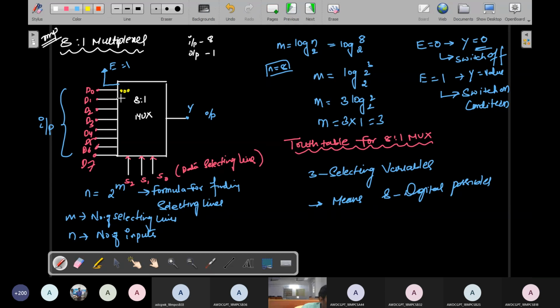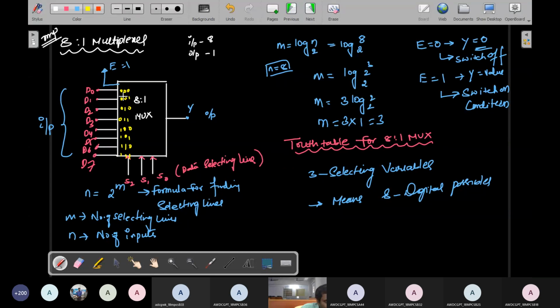Then 0 0 0 1 1 1 1, 0 0 1 1 0 0 1 1, like 0 1 0 1 0 1 0 1. So these are actually binary digits.